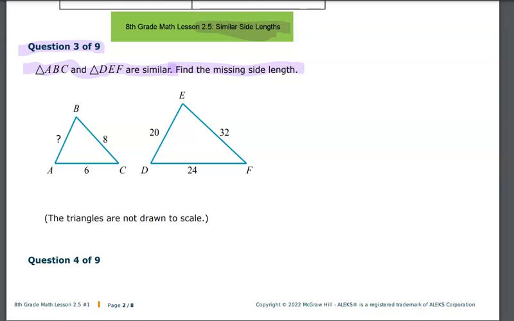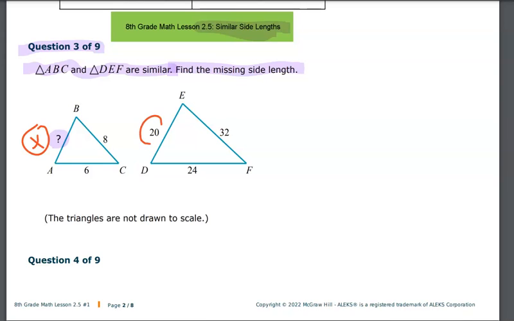My goal is to find this side length, this question mark. So we're going to create a proportion, and we're going to do that by turning this question mark into x. And we're going to make a fraction. Whatever side x is on, I'm going to find that same side on the other triangle.